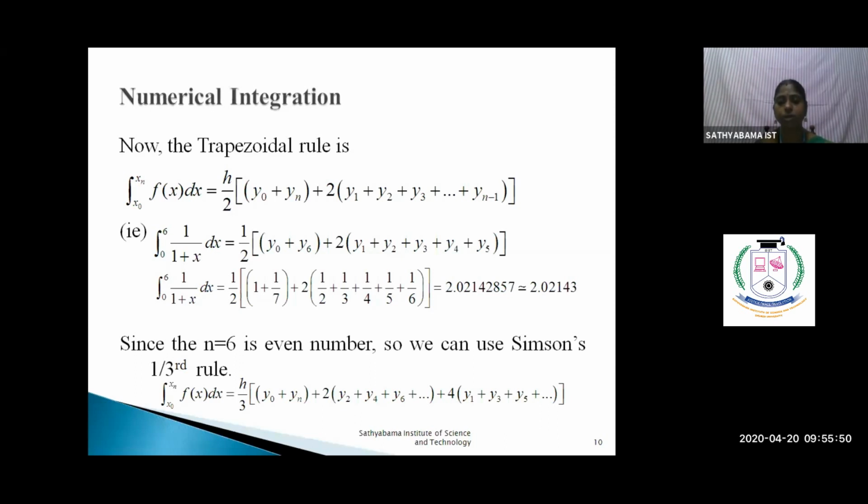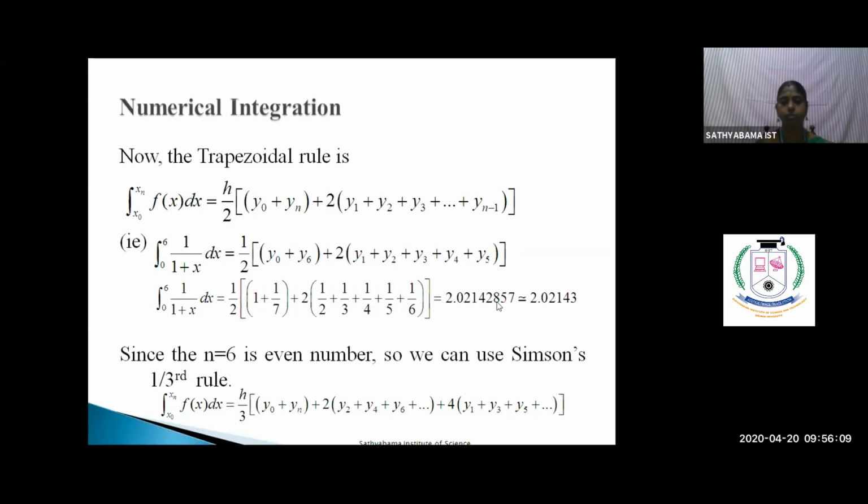So it is approximately written as 2.02143, corrected to 5 places of decimals. So the integral from 0 to 6 of 1 by 1 plus x dx by the trapezoidal rule is nearly 2.02143.